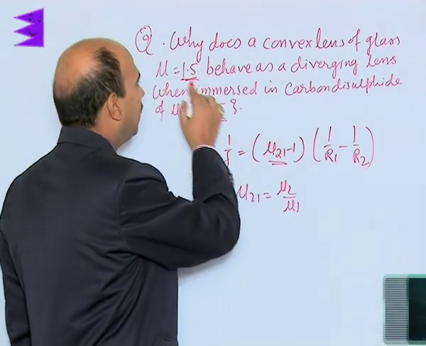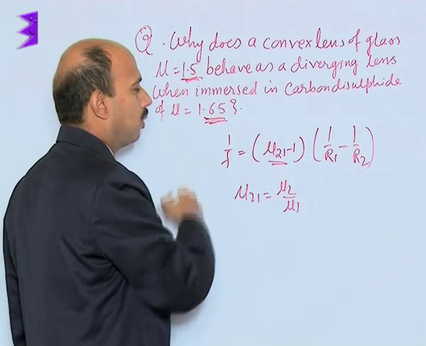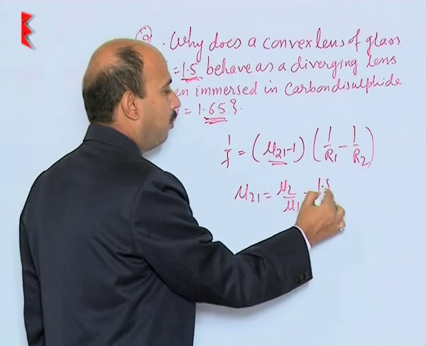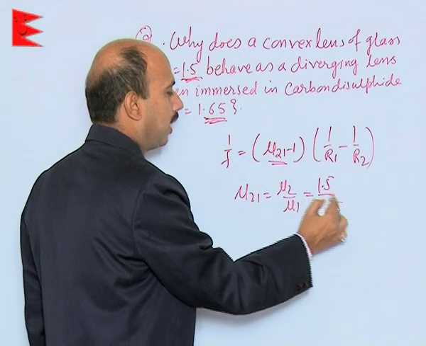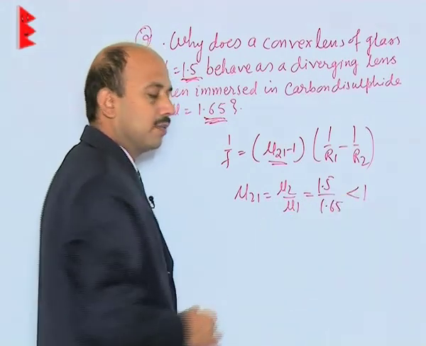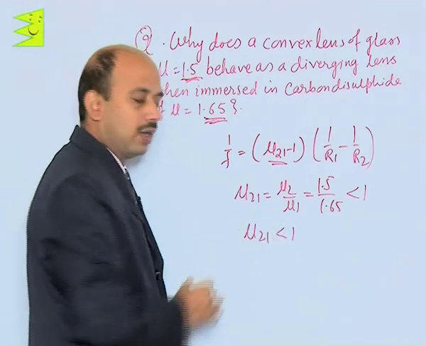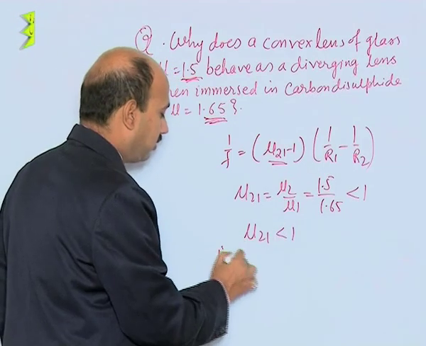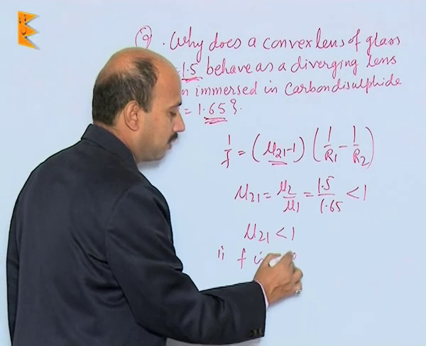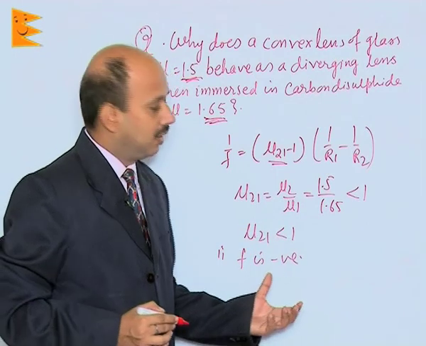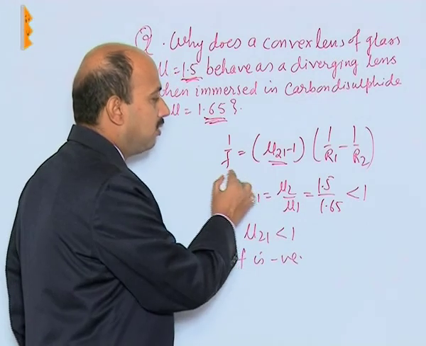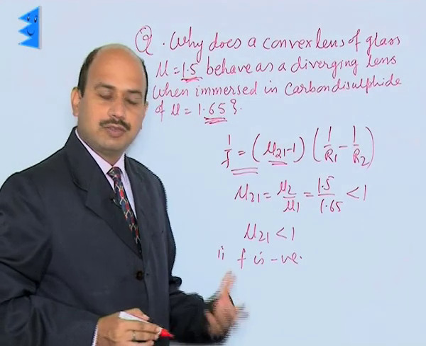Here mu 2 we can take as 1.5 and mu 1 is 1.65. So 1.5 upon 1.65 is actually less than 1. So we can write mu 2 1 is less than 1, therefore you can say f is negative. If f is negative, it means this lens is behaving as a diverging lens.